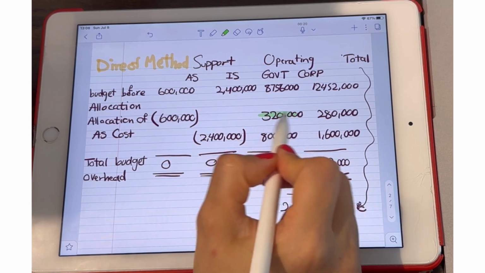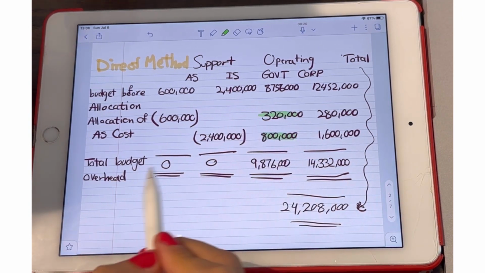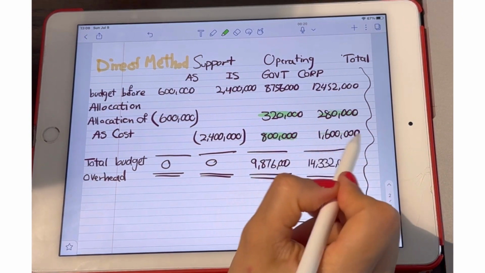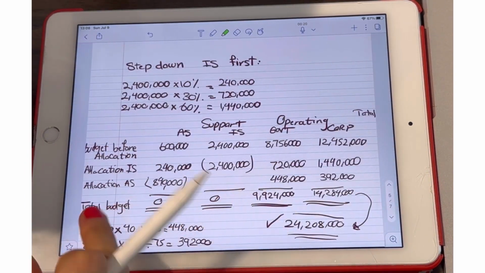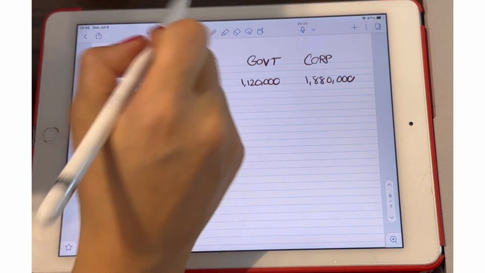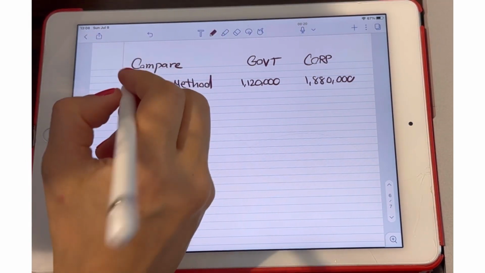And for these two allocations that we did recently, these numbers come from the allocation lines.